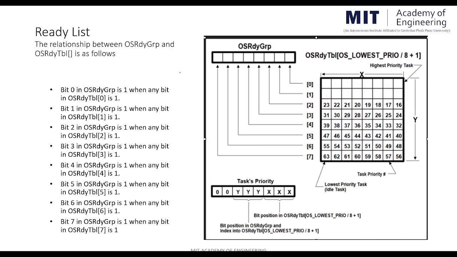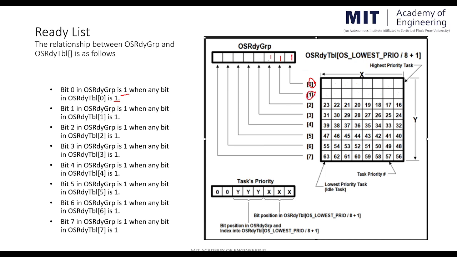Now, what is the meaning of every bit of this OSRDY group? The relationship between the OSRDY group and OSRDY table is as follows. Bit 0 in the OSRDY group is 1 when any bit from OSRDY table of 0 is 1. So this is the 0th row, this is the OSRDY table of 0, and this is OSRDY table of 1.